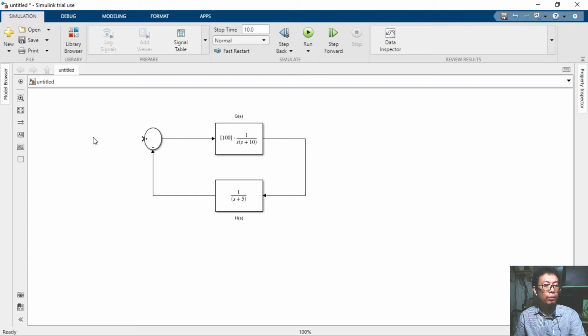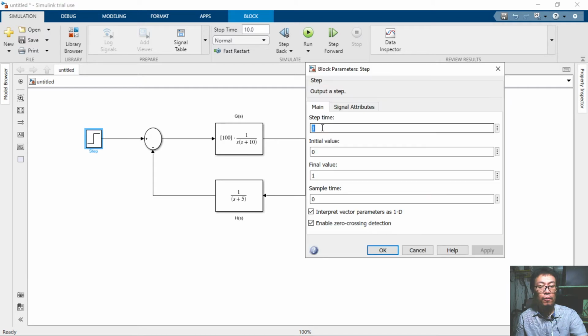So yung step time nito, it means kung kailan siya magsi-switch from 0 to 1. Okay, so or from the initial value to final value. So yung step time nito, ibig sabihin at 1 second, doon siya magpapalit. So medyo iklian lang natin siya. Gagawin natin 0.5. Okay, tapos ang initial value natin is 0, ang final value natin is 1. Okay, so apply natin yan.